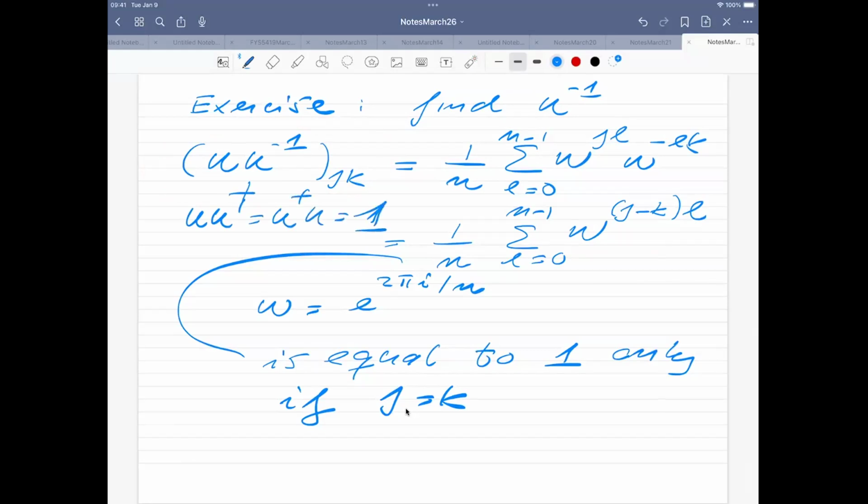In the lecture notes, you will find elaborations along these lines, the solution to that exercise, but I'm taking the liberty of not going through all these details. I hope you can forgive me for that, but that's an exercise on testing the orthogonality of the transformation. So these are unitary transformations.